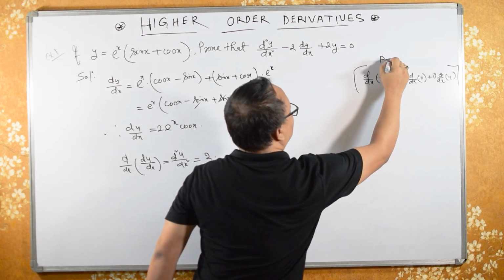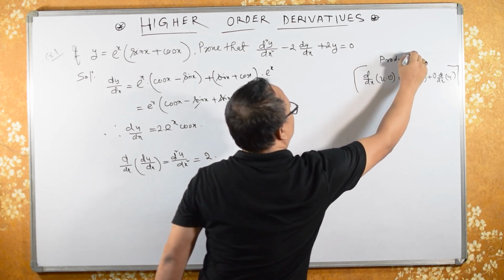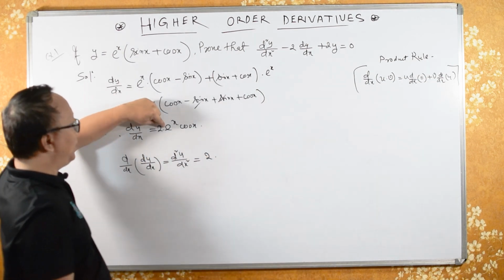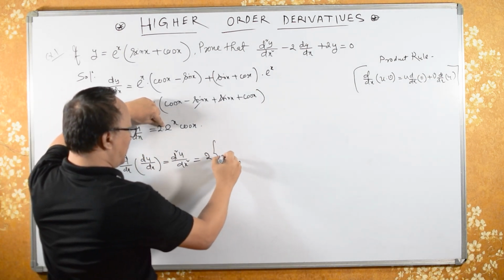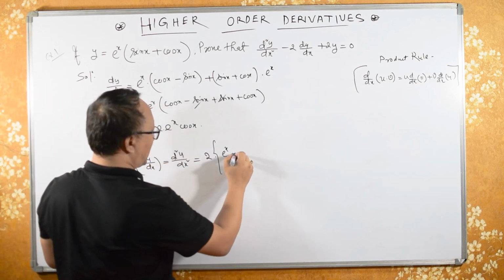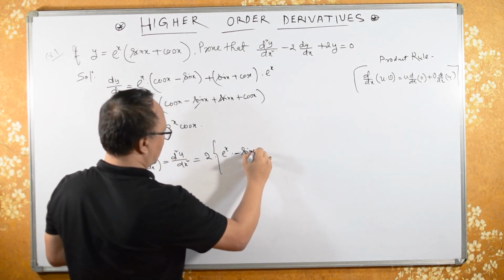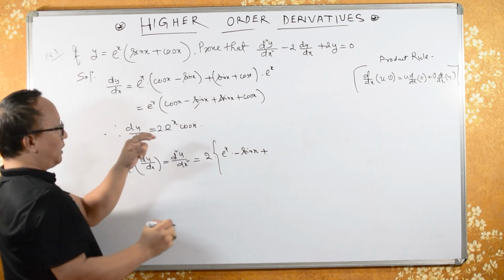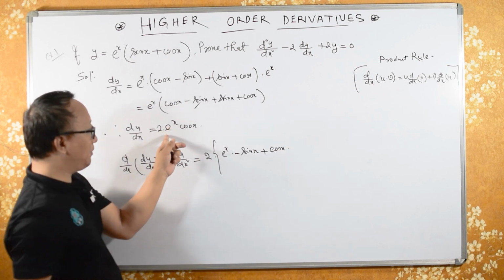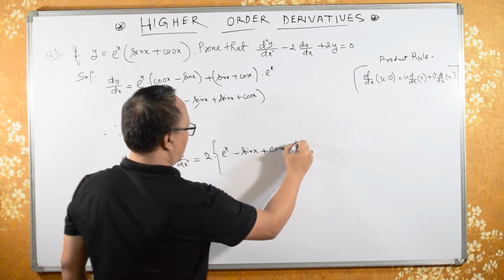This is called the product rule, or you can say u into v rule. Now e raised to x keeping as it is, differentiation of cos x is what? Minus sin x, plus cos x keeping as it is, and differentiation of e raised to x is e raised to x.